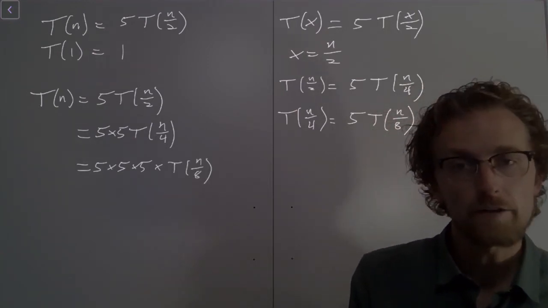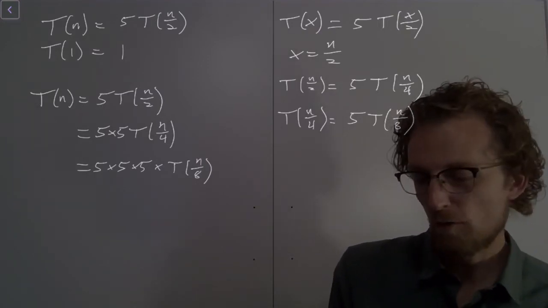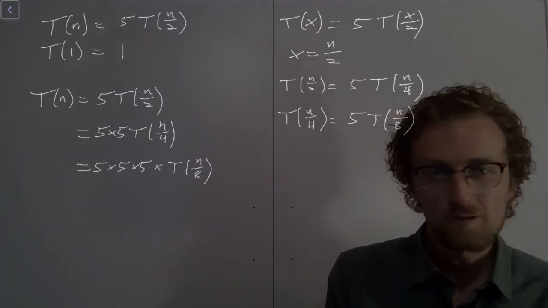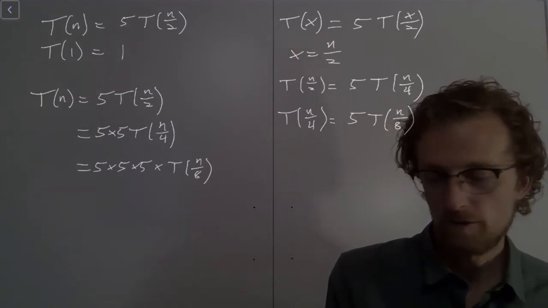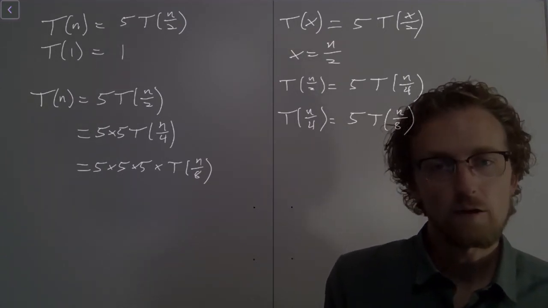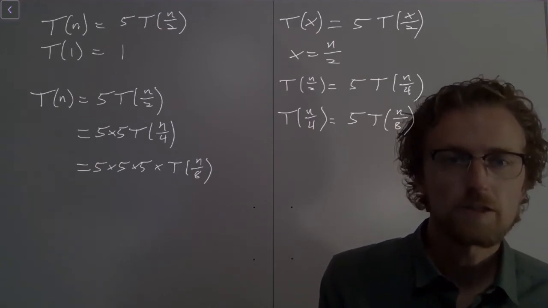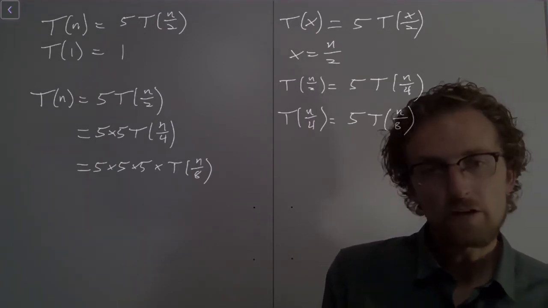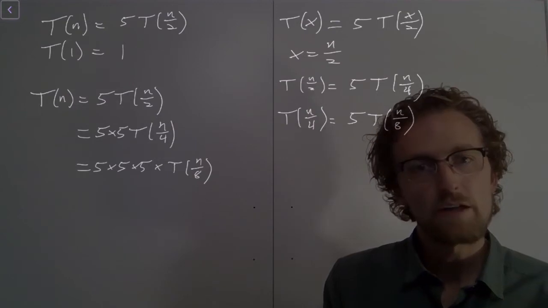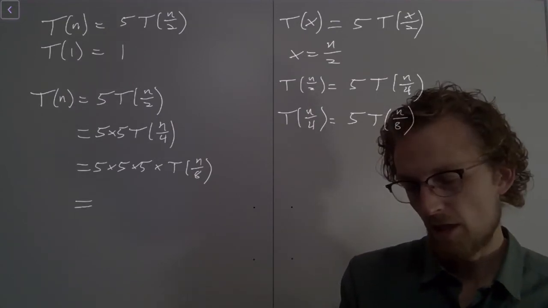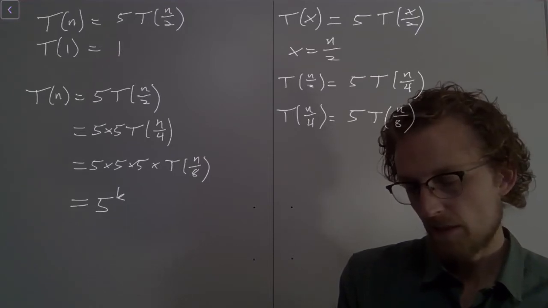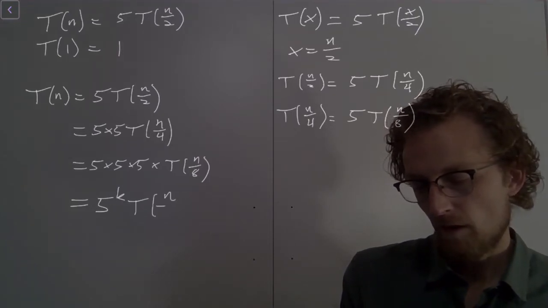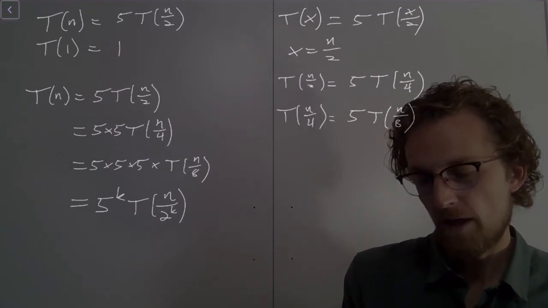Right? What's the pattern? Well, n over 4 is n over 2 divided by 2. N over 8 is n over 2 divided by 2 divided by 2. So every time I divide by another 2, I multiply by another 5. So this is just 5 to the power of k times t of n over 2 to the power of k.